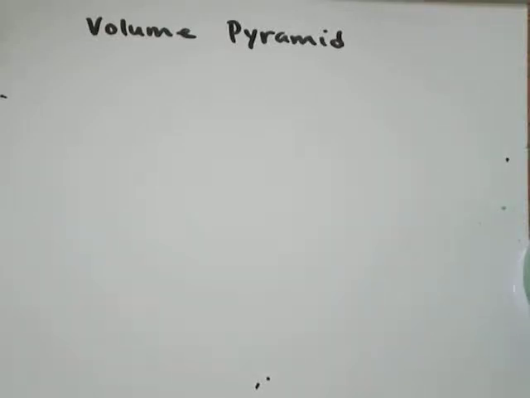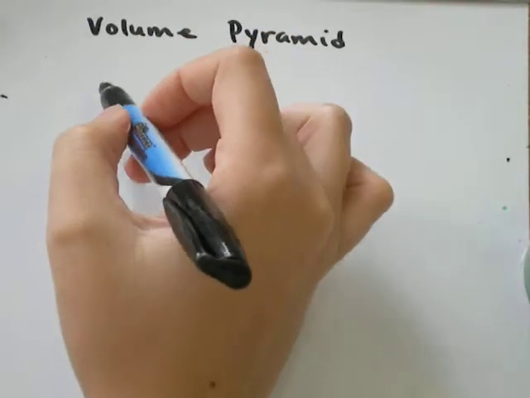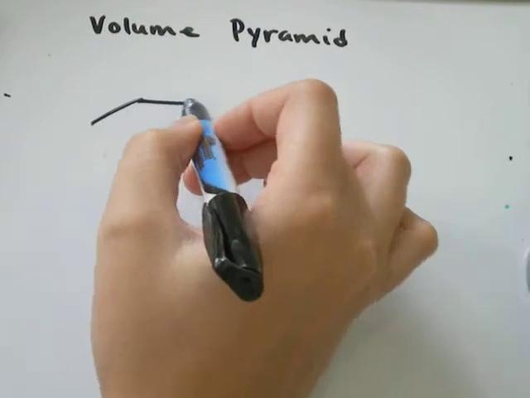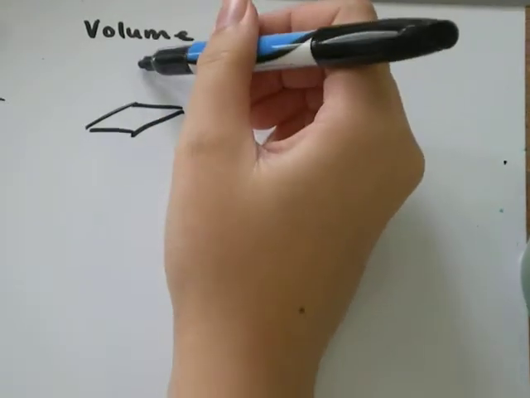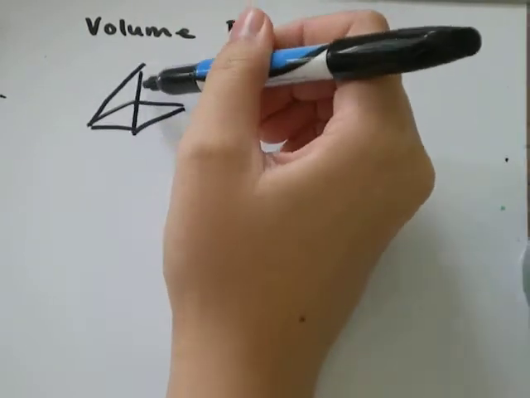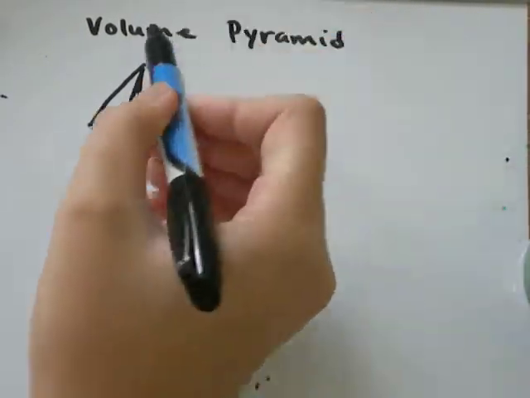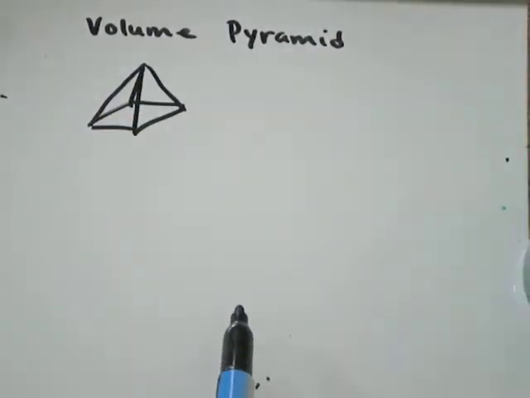Hey everyone, in this video we're talking about how to find the volume of a pyramid. Just a little FYI, a pyramid is, think of the Egyptians. It's some sort of shape on the base and then all of the other sides come together in one point.